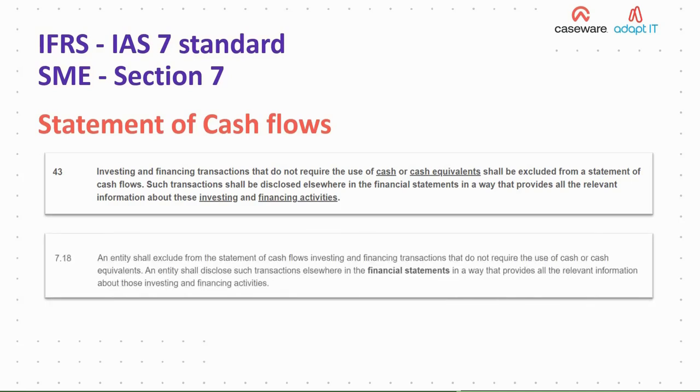Paragraph 7.18 of IFRS for SME is very similar. So both versions are very clear that transactions that do not require the use of cash or cash equivalents must be excluded from the statement of cash flows. This literally means that non-cash transactions should not be in there. They should be stripped out so that only cash transactions are presented.